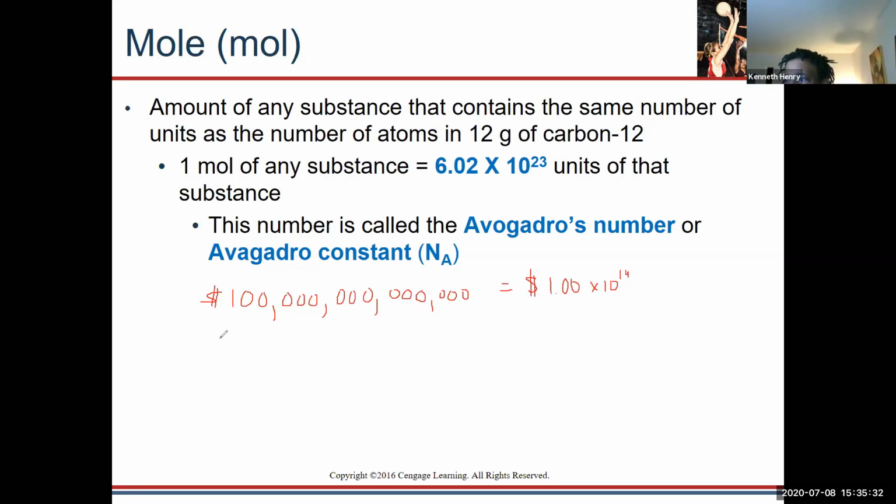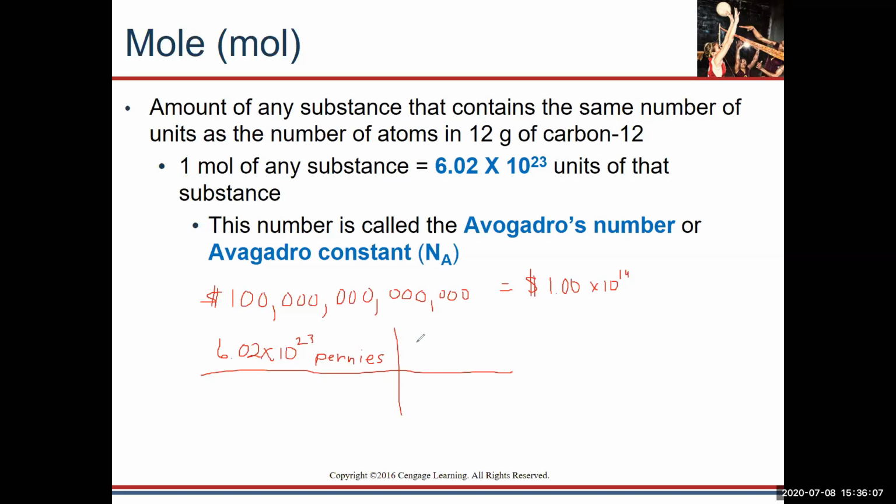So if we have 6.02 times 10 to the 23 pennies, how many pennies in a dollar? 100. Yeah.